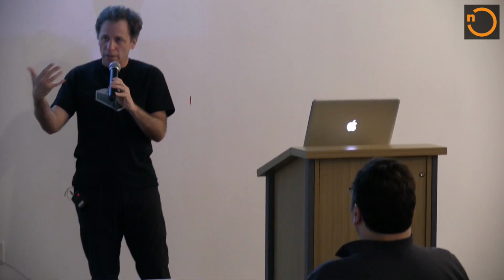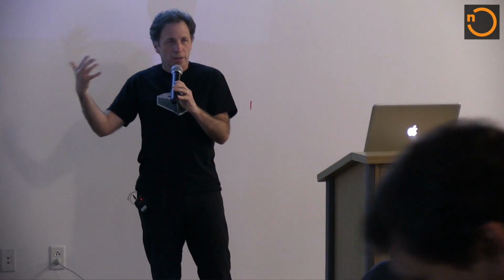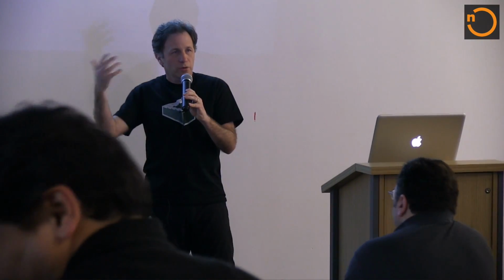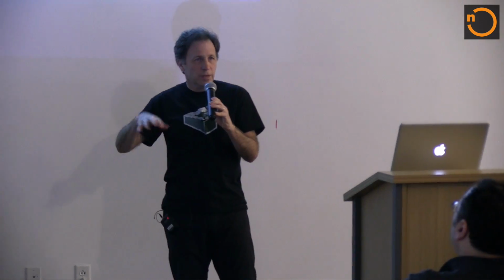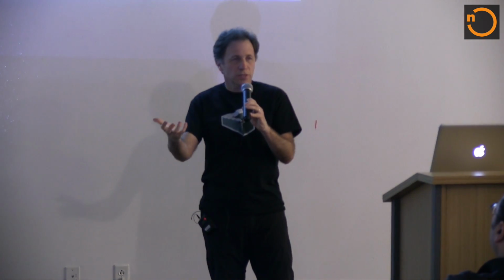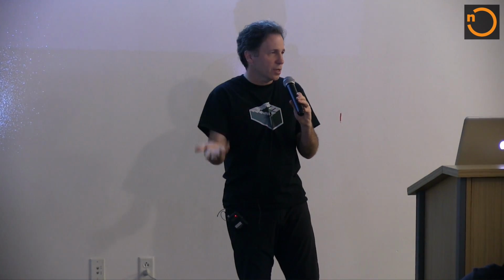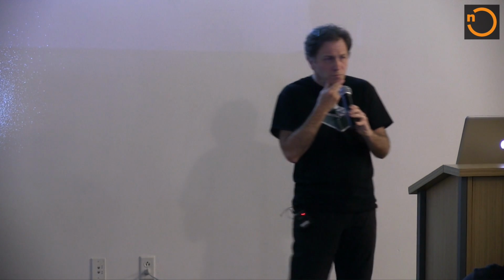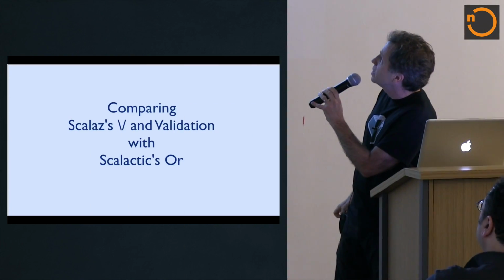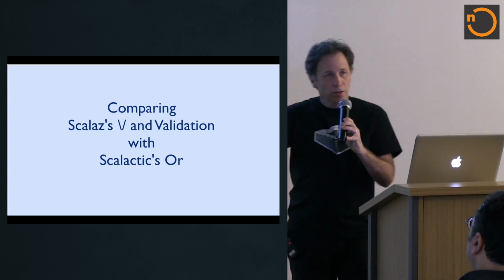If you're writing a method that may succeed or fail, you can return a right that has the success value and a left that has the failure value. So you can actually return the failure instead of throwing an exception. That's the idea. The difference between Disjunction and Validation is that Disjunction is monadic, and it will short circuit.